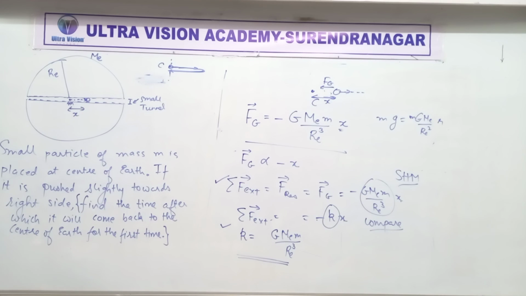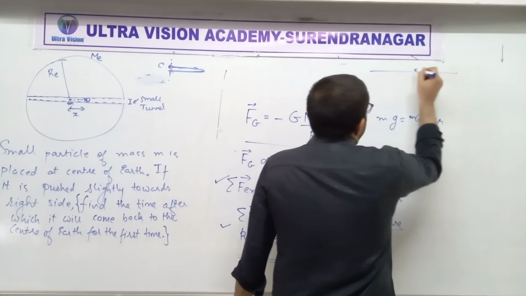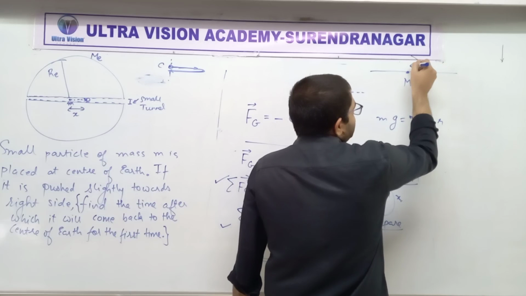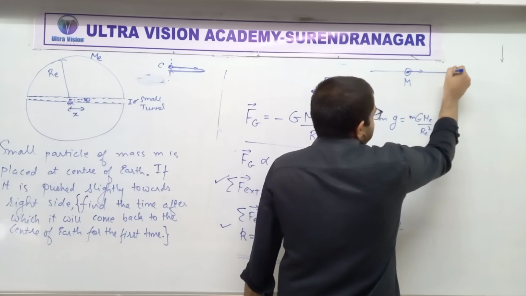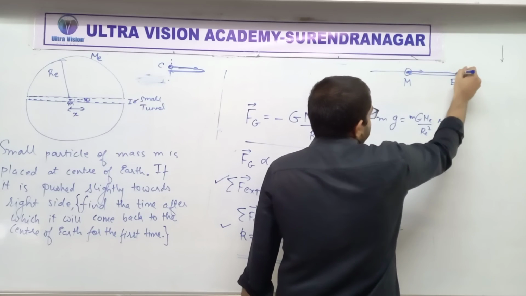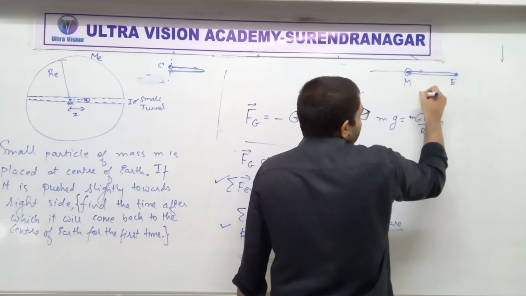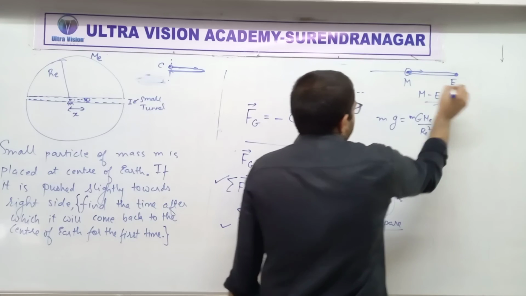Okay, so Raj, you are saying T by 4. Again, I am repeating my question. If here is mean position, where is the center? Particle starts from here, it moves like this, goes to amplitude and comes back. Isn't it? This is called extreme position. How much time does it take to go from M to E to back to M?